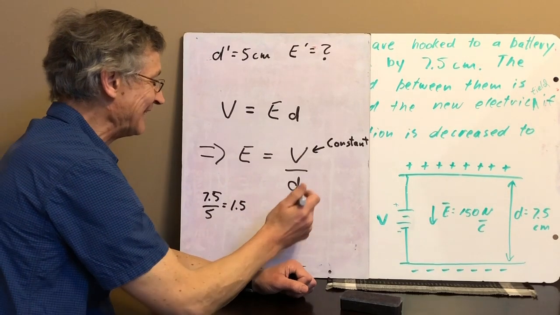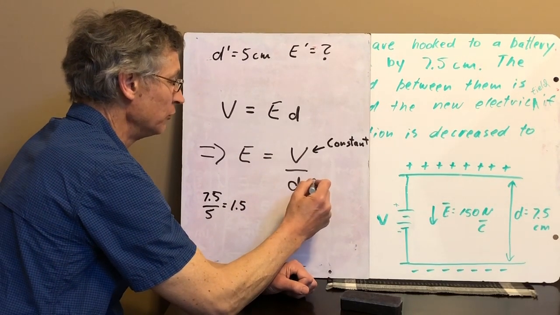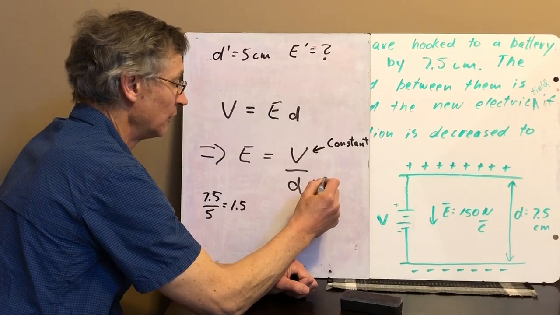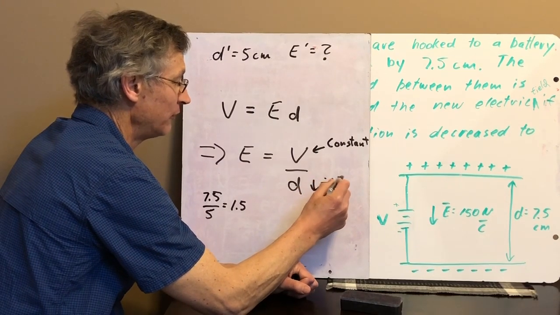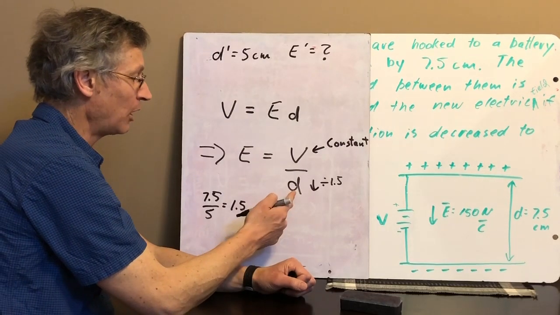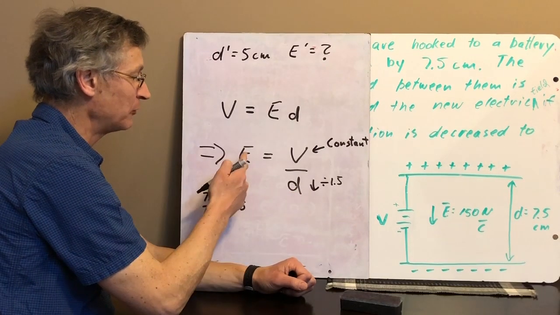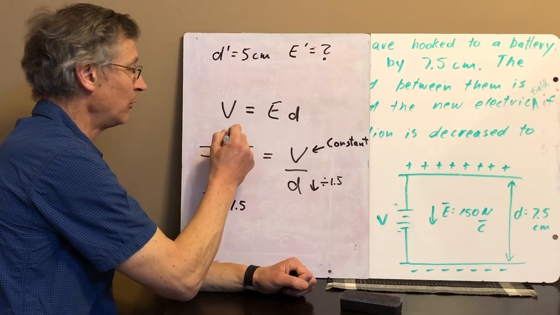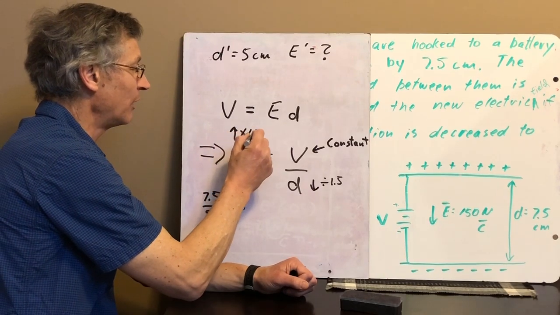So D is being reduced by a factor of 1.5. So what's going to happen to E? Well, D is on the bottom, so whatever happens here, the opposite's going to happen over here. E is going to get multiplied by a factor of 1.5.